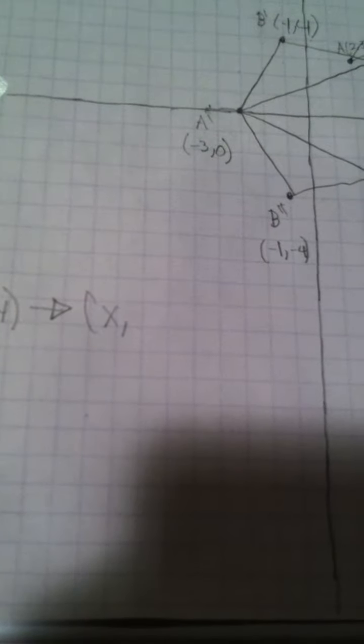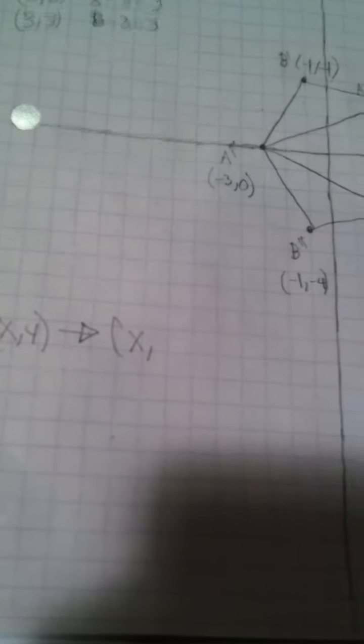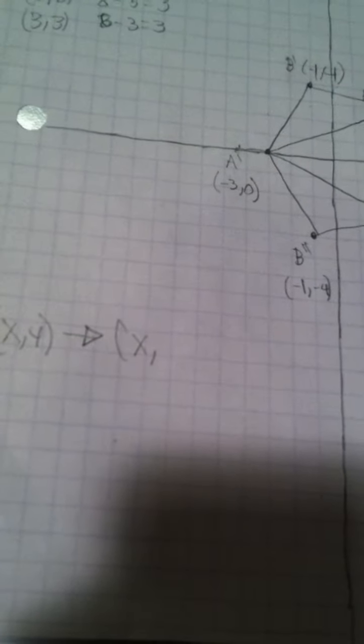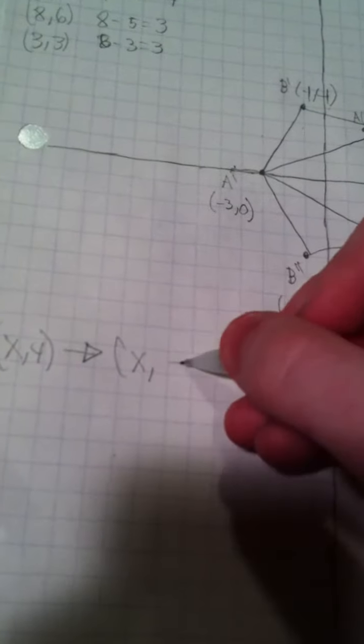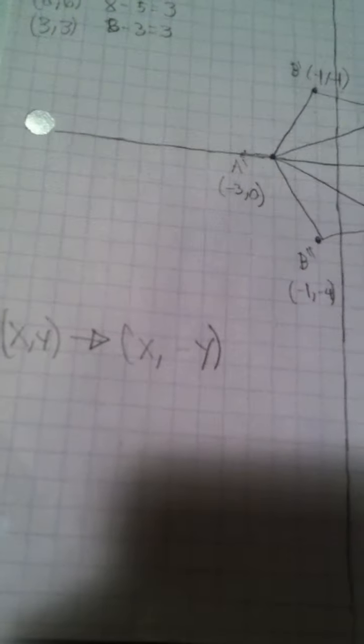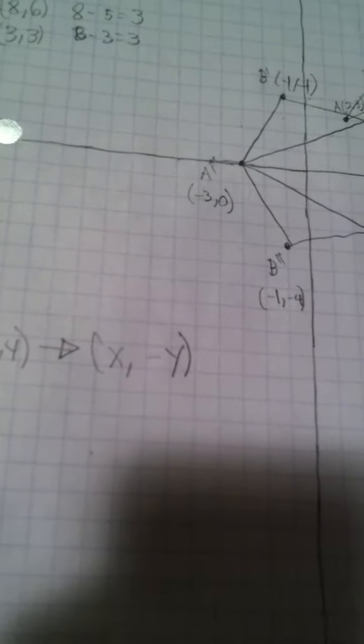Let me check. -1, -1, and 3, 3. They do stay the same, so that works. And now I figured out that the y changes and it just flips over the x-axis, so it just became negative. So x, -y. It's the algebraic rule. And let me check. That does work.